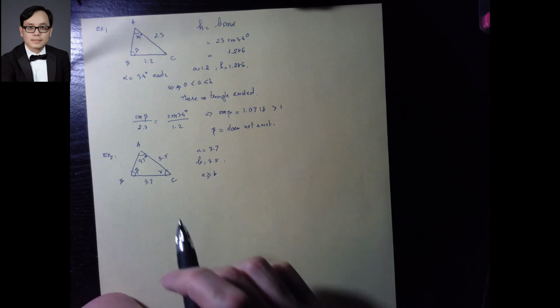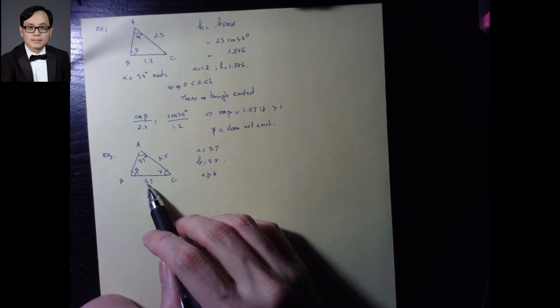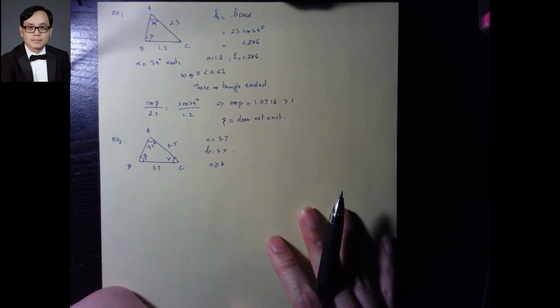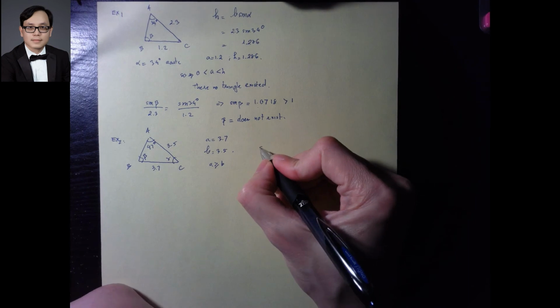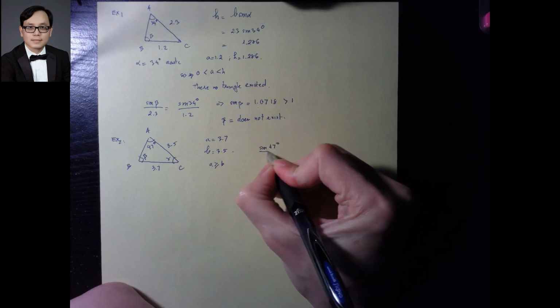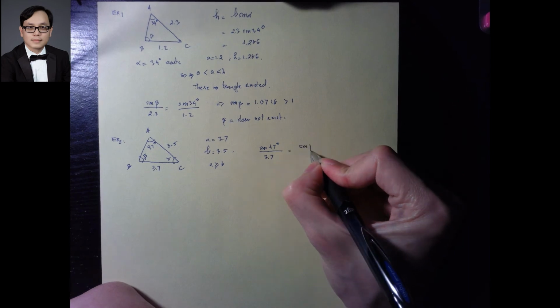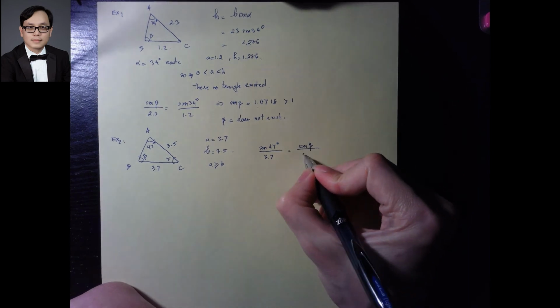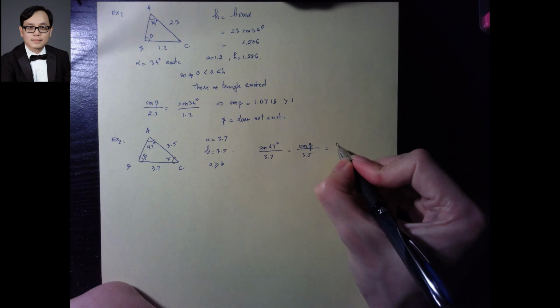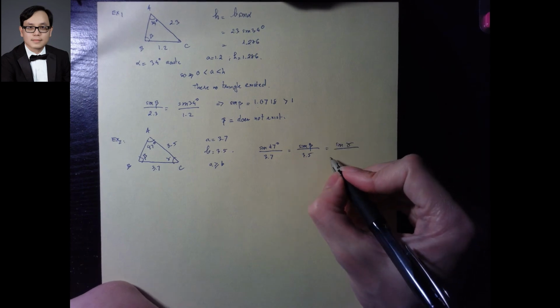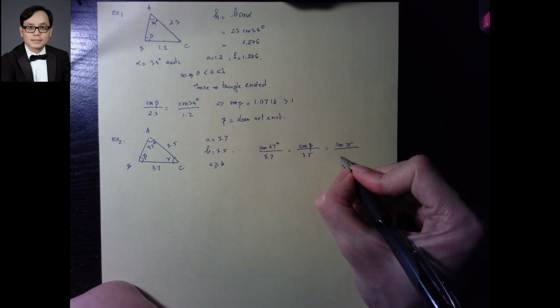So this is 47, 3.7, this is 3.5. I apply the law of sines. Then I have sine of 47 over 3.7 equals sine of beta over 3.5 equals sine of gamma over something we don't know.